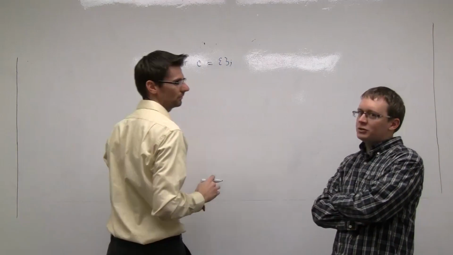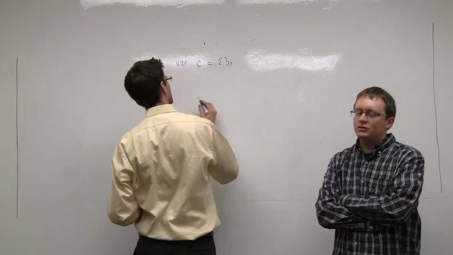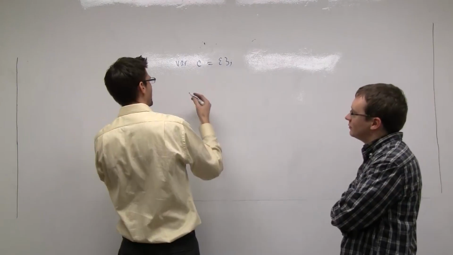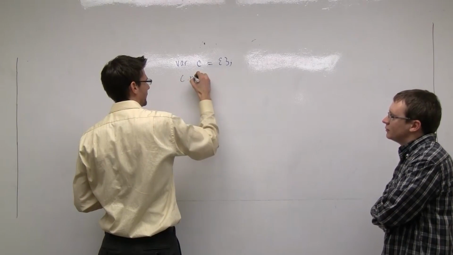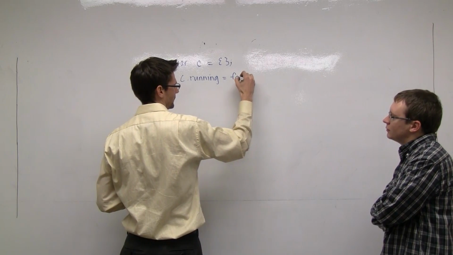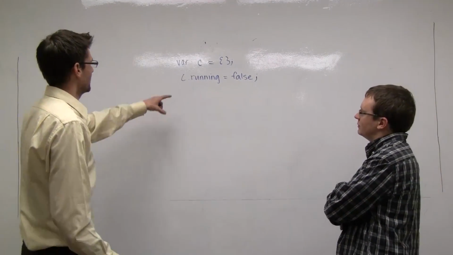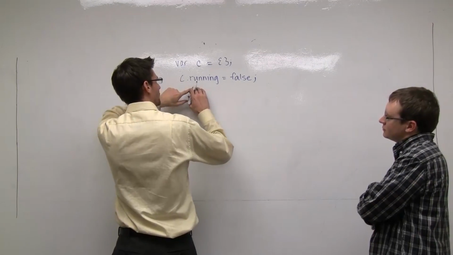So it starts out as an object that's just empty. It does nothing other than the base stuff. There's nothing special about that. But now I really want people to know whether it's running or not. And, well, we all know cars don't just start out running, so we say it's not running.